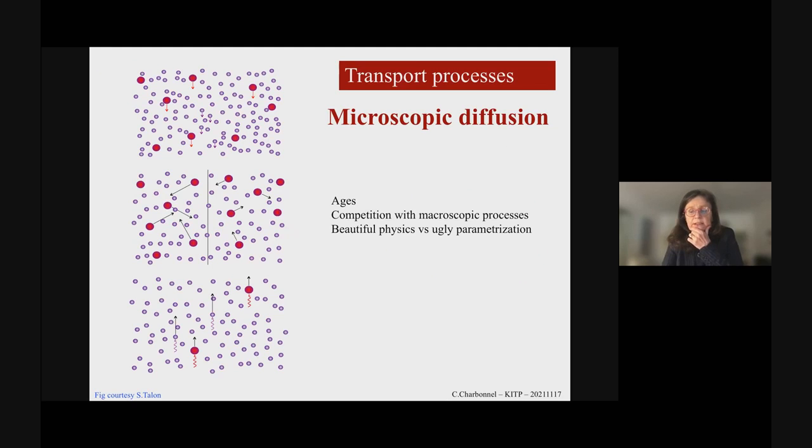So the takeaway message for microscopic diffusion is that it occurs in all stars on time scales which depend on the star and which also depend on the competition with macroscopic processes. In principle, it's beautiful physics that we are mixing with this ugly parametrization that I showed before.